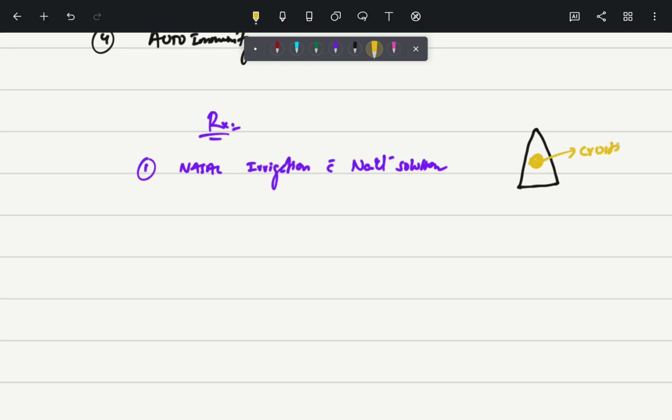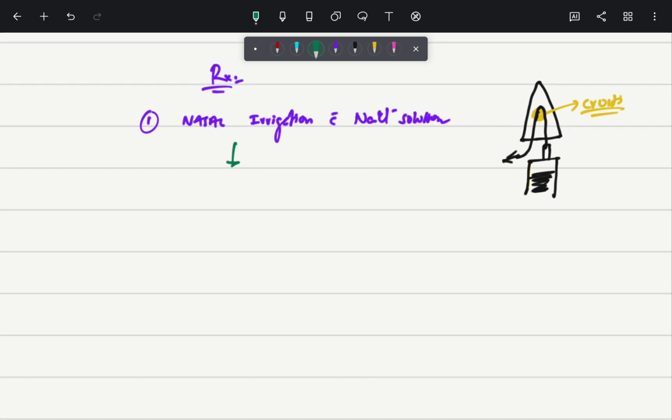These are the crusts. So what we will do is, with a syringe filled with sodium chloride solution, we will flush this crust out. This is called your nasal irrigation. It's like spraying water inside your nose.